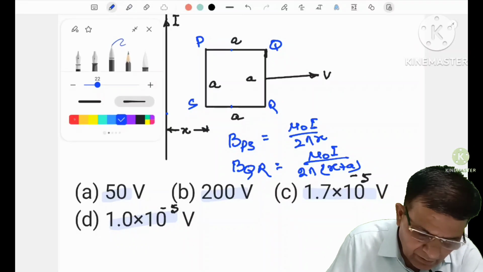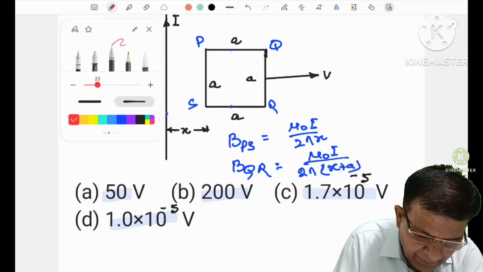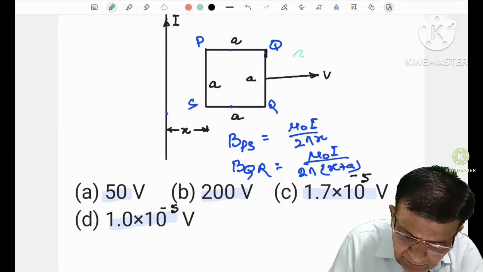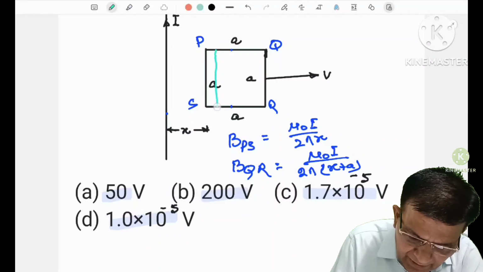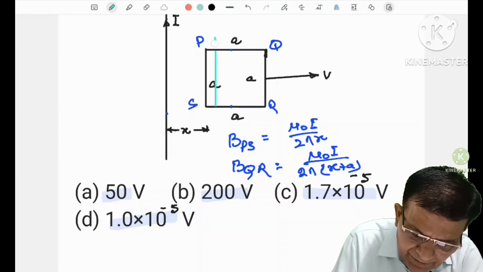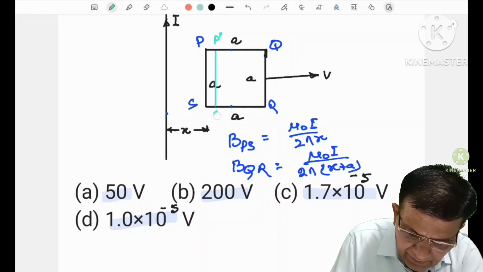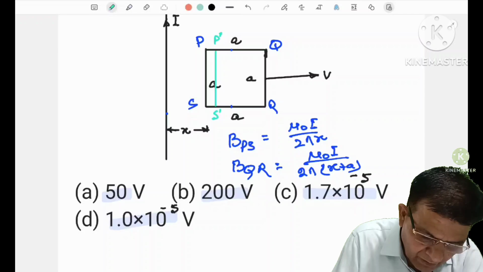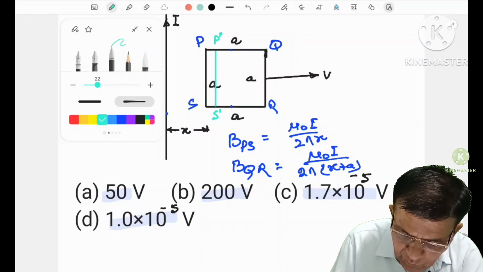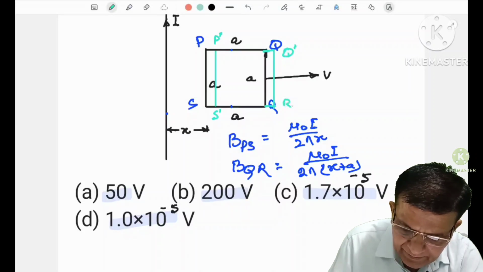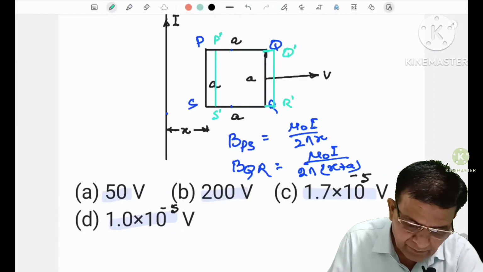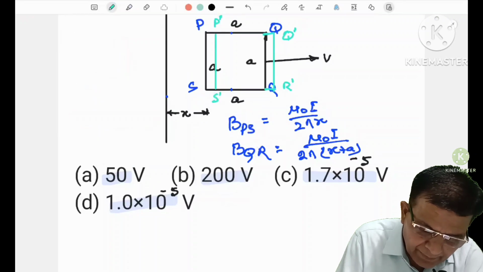In small time dt, P dash, PS comes at P dash S dash, or QR is at Q dash R dash in small time dt.